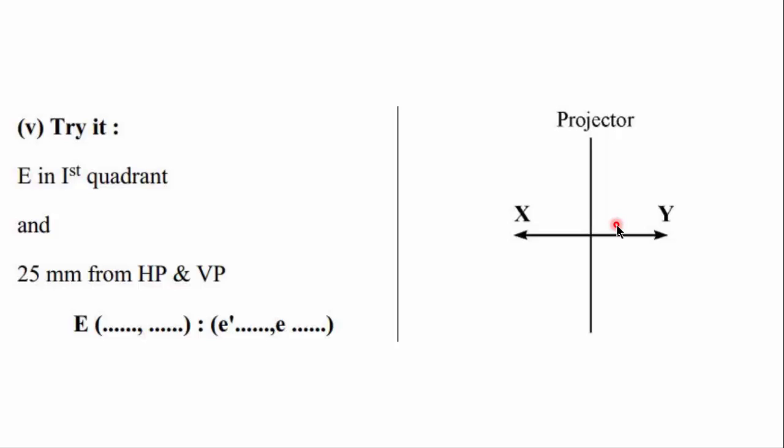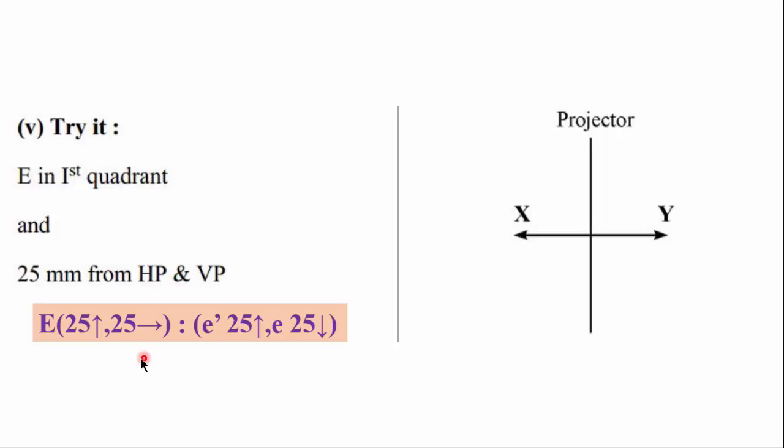Okay, now be careful. Look here, point E is in first quadrant and 25 mm from both reference planes, that means HP and VP. Can you try it? Remember, first quadrant means in front of VP and above HP, and hence point E is 25 mm above HP and 25 mm in front of VP.